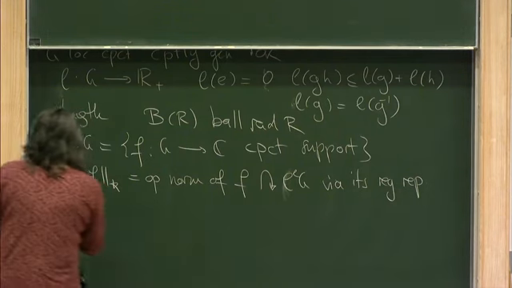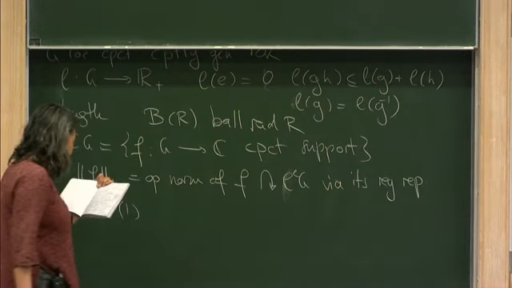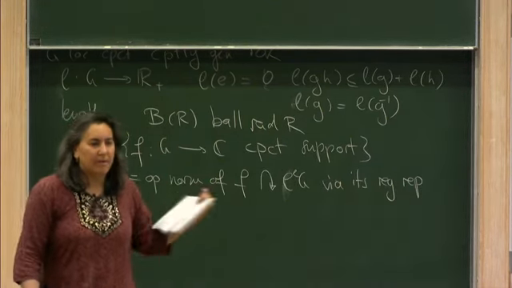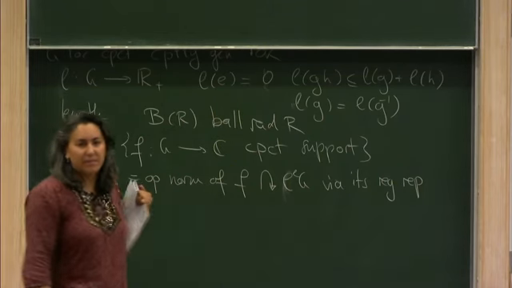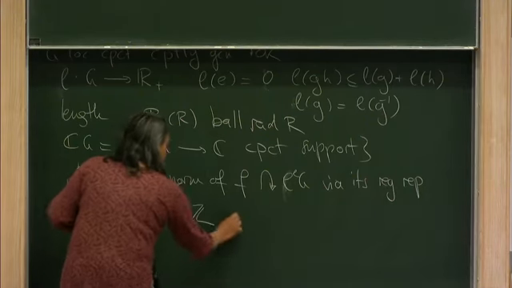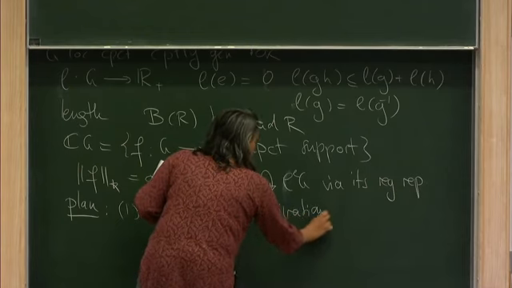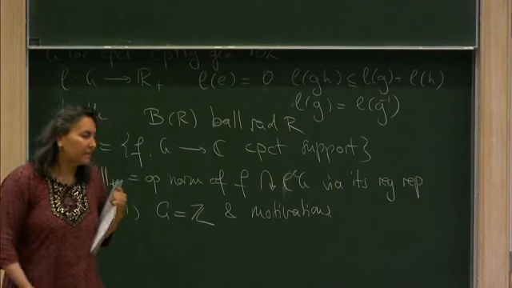And so the plan for the talk is first I'm going to explain what happens in the case where G is equal to Z, and maybe give some motivations for studying this property.